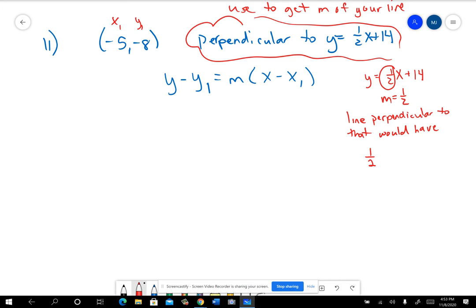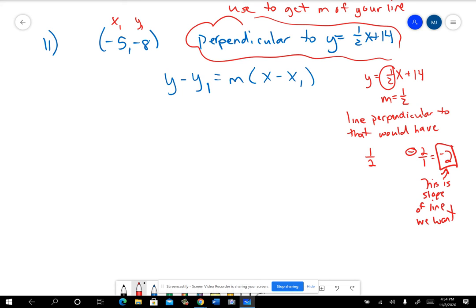So if you started with 1/2, you'd have to flip it and make it opposite, which means your line would have to have a slope of -2. Okay? This is the slope of the line we want.